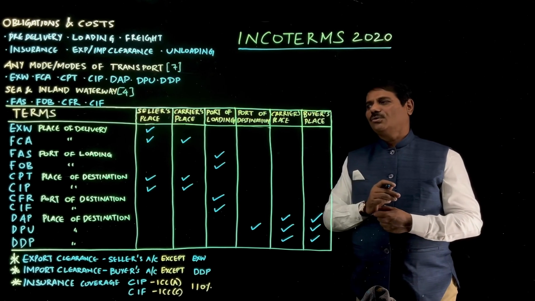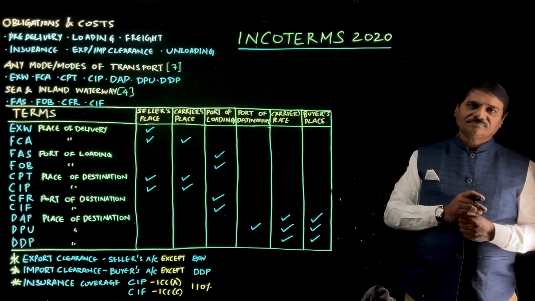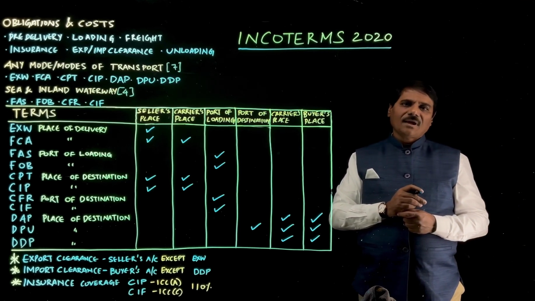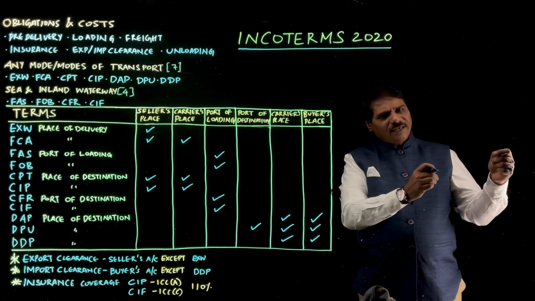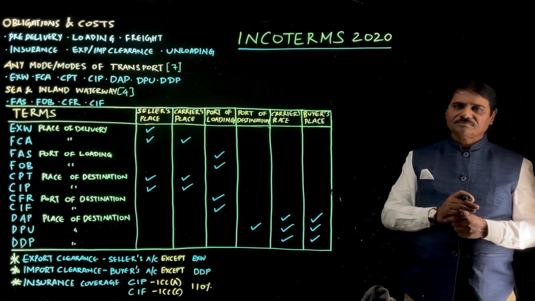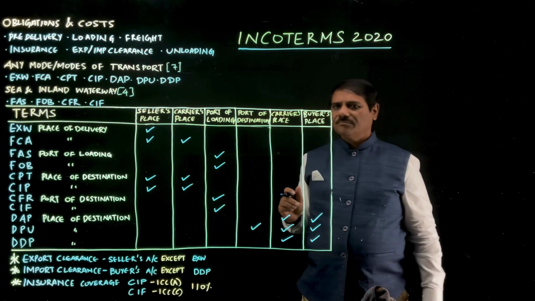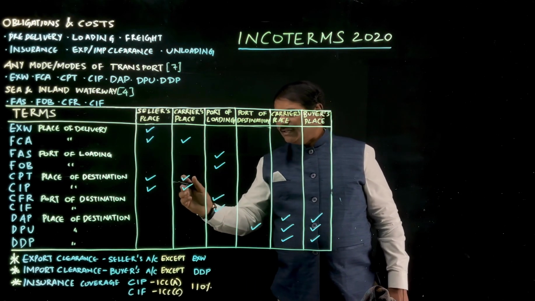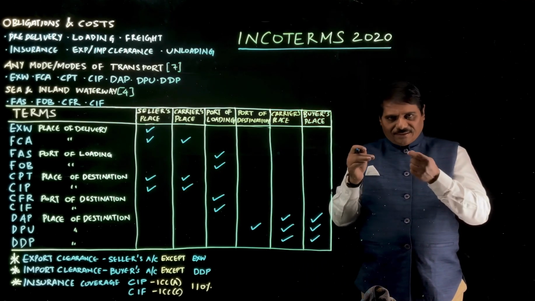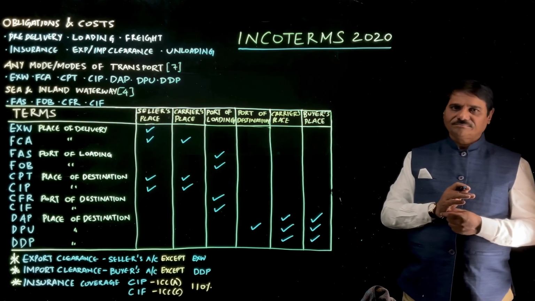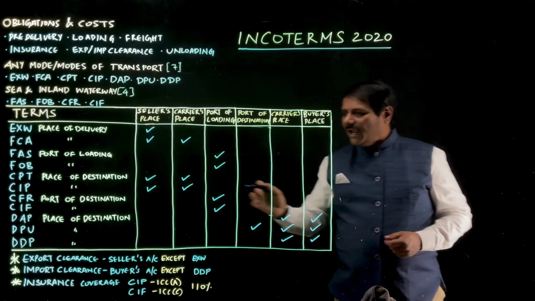So you have to include the place of destination: carriage paid to Dubai, some buyer's warehouse. So here again there are 2 possibilities. One, the seller can deliver at his warehouse, or the seller can deliver the goods at a carrier's place.